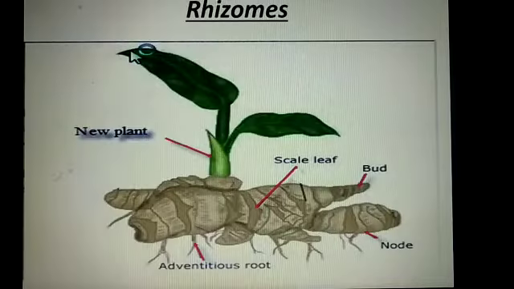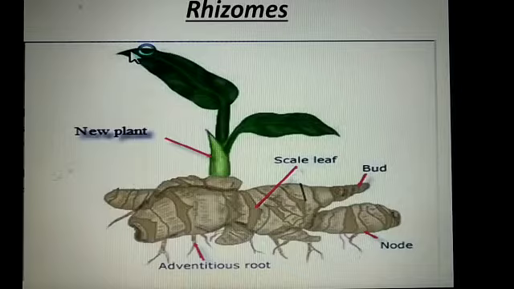The next one is rhizome. A rhizome is a type of plant stem situated either at the soil surface or underground that contains nodes and internodes. Actually, from the nodes, root and shoot originate. In this picture, you see that adventitious roots and shoots originate from this node region.